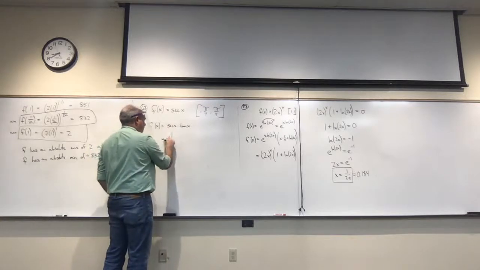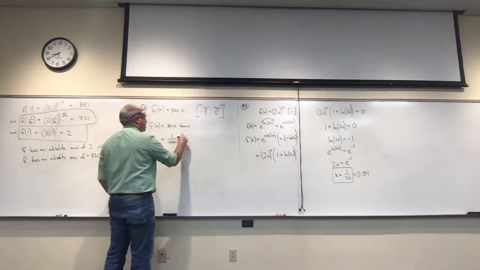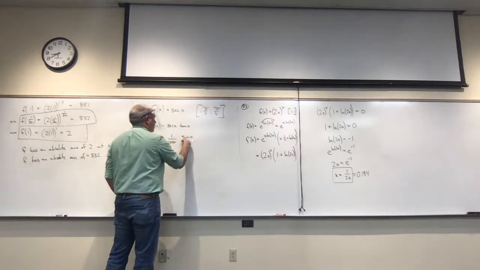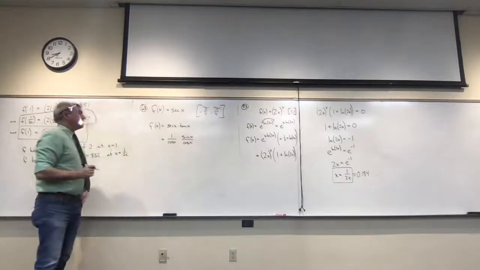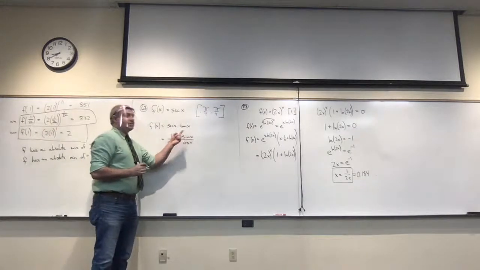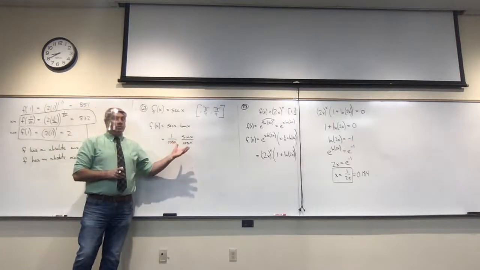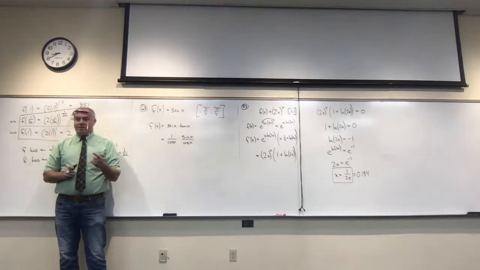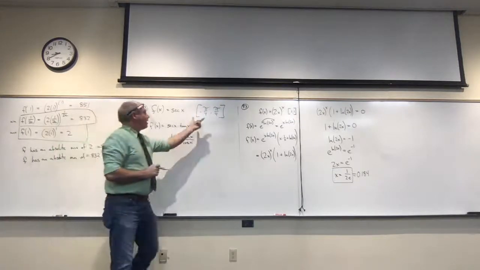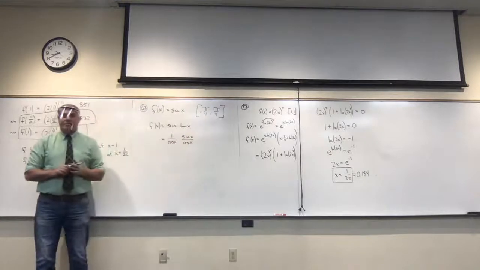Secant is 1 over cosine of x, and tangent is sine of x over cosine of x. So I suppose that if sine is 0, that's a critical value, because that would make the whole thing 0. And if cosine is 0, it would cause division by 0. So is there anywhere in this interval where either of those things happens?